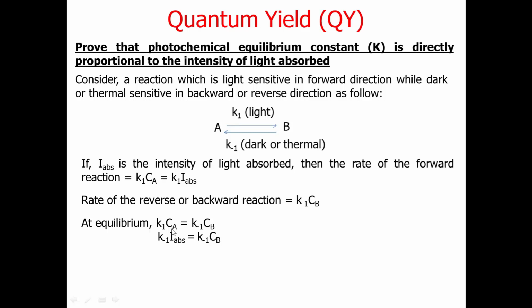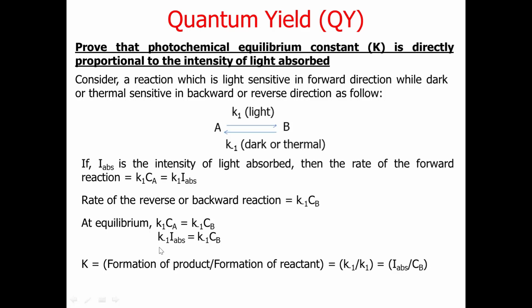So I can write K1 into concentration of A is equal to K inverse into concentration of B. Since the equilibrium constant K is defined as the formation of product divided by formation of reactant, it equals K inverse divided by K1, which equals I absorbed by Cb. That means the photochemical equilibrium constant is proportional to the intensity of the absorbed light.